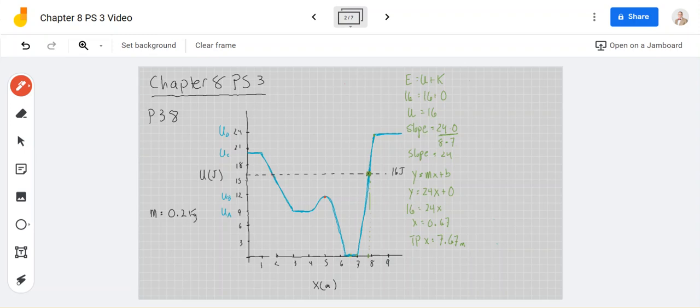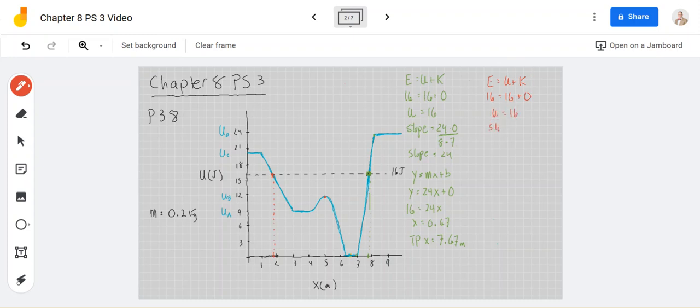Well, the left side turning point is going to be over here. It looks like it's somewhere between 1 and 2, a little closer to 2, but we're going to use the same process here. So it's U plus K. We know this is 16, this must be 16 because that's 0, so U is 16.